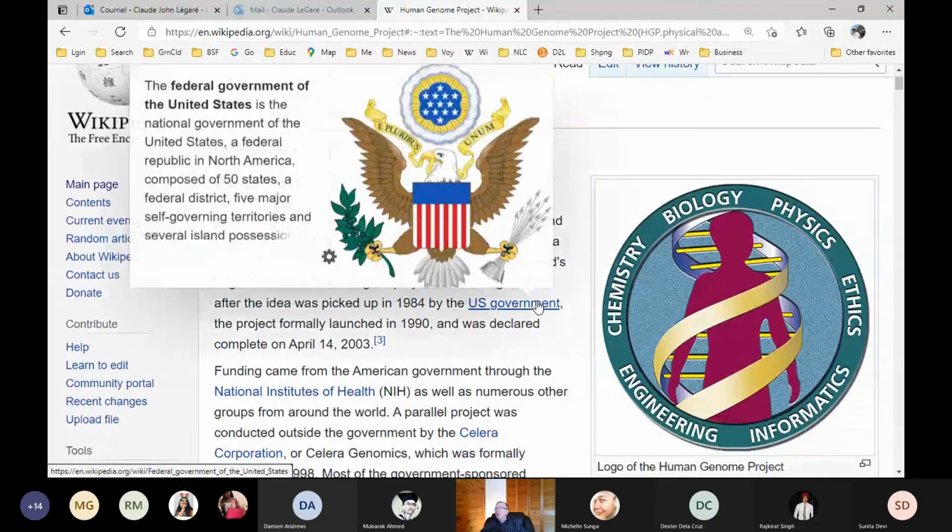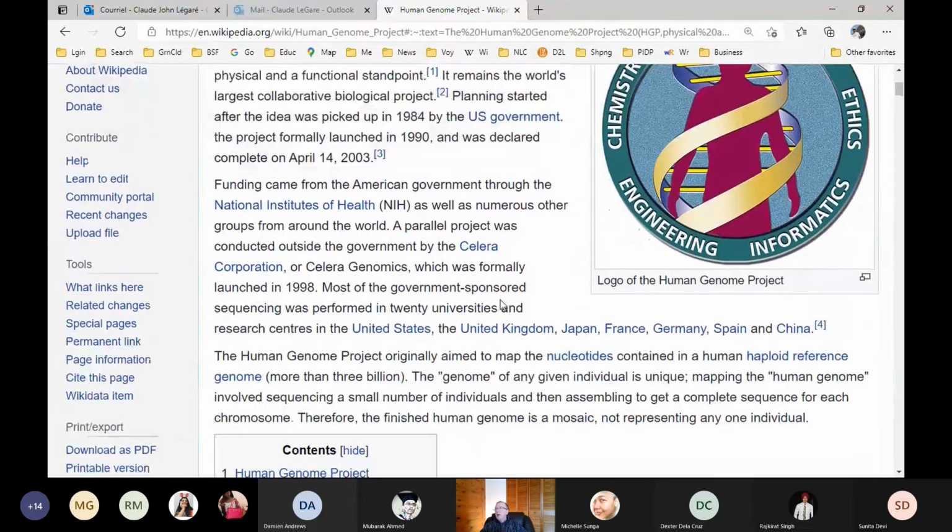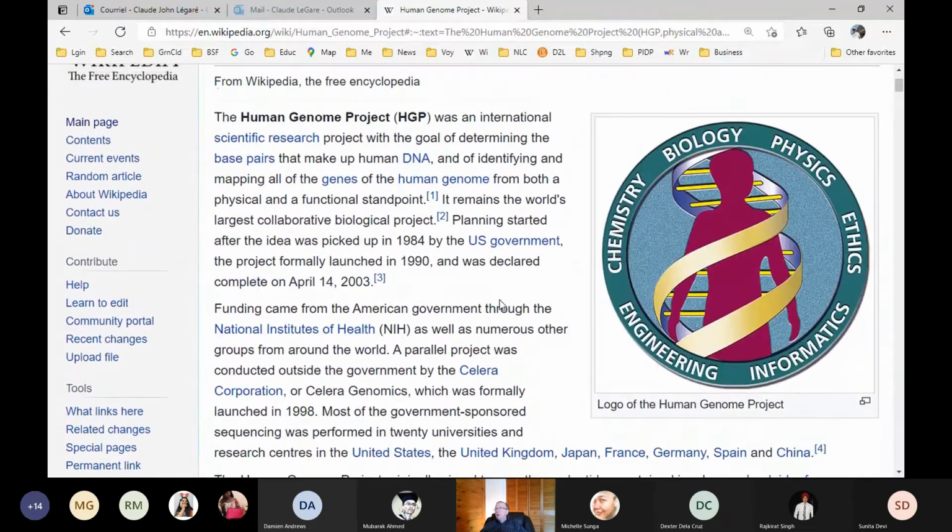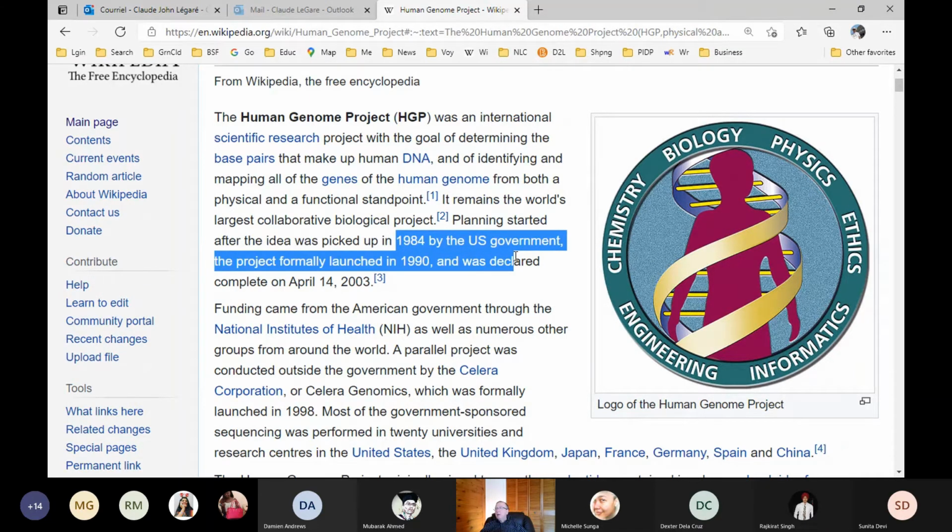So you're probably aware of that project. It took a long time: the idea was picked up in 1984 by the US government, the project was launched in 1990, and it was declared complete in 2003. So that's a long time, right?